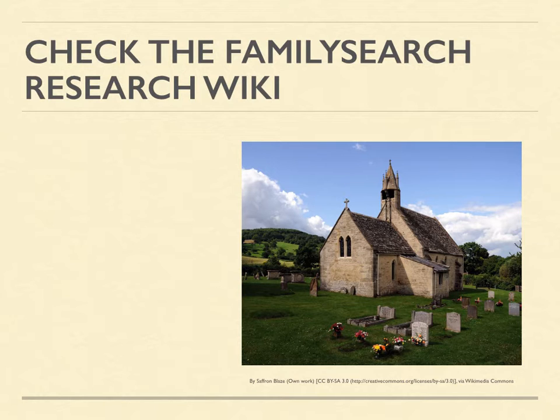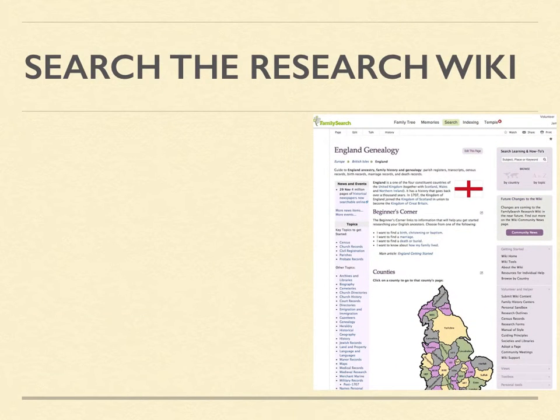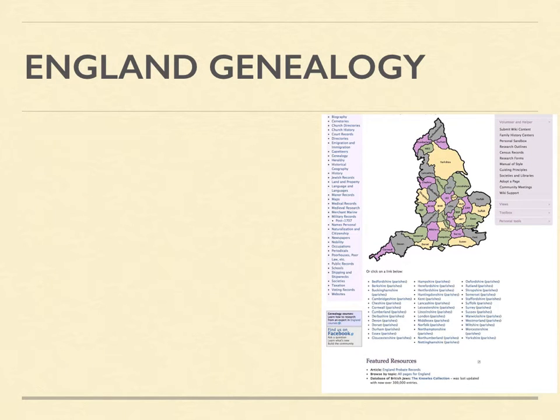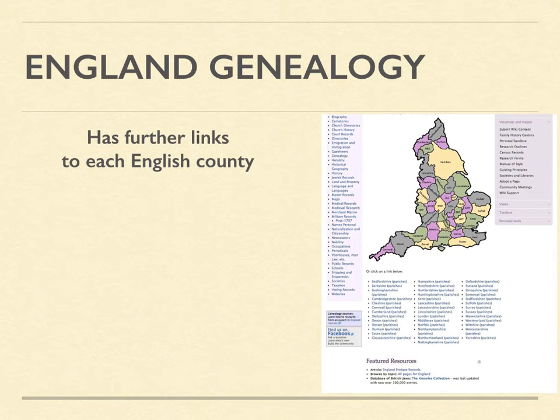If you go to the Research Wiki, you search by topic or by place. I'd suggest searching first for the topic England Genealogy. Next, if you look at the page, you'll see that there are links to each English county. The links are on either a map or on a list.